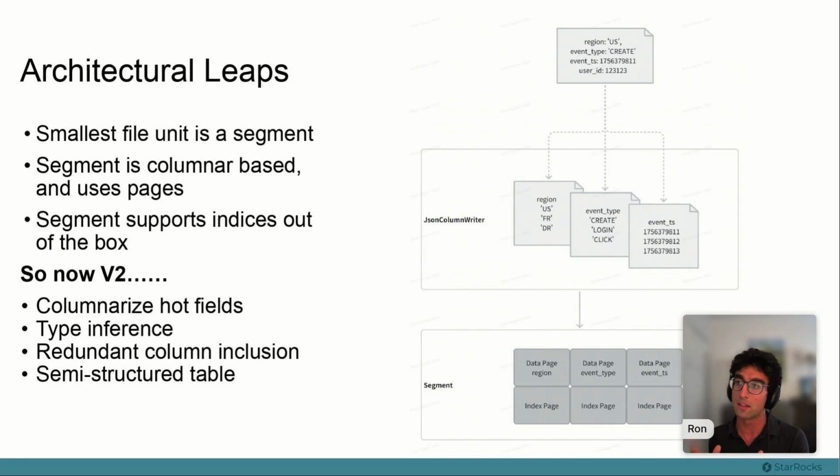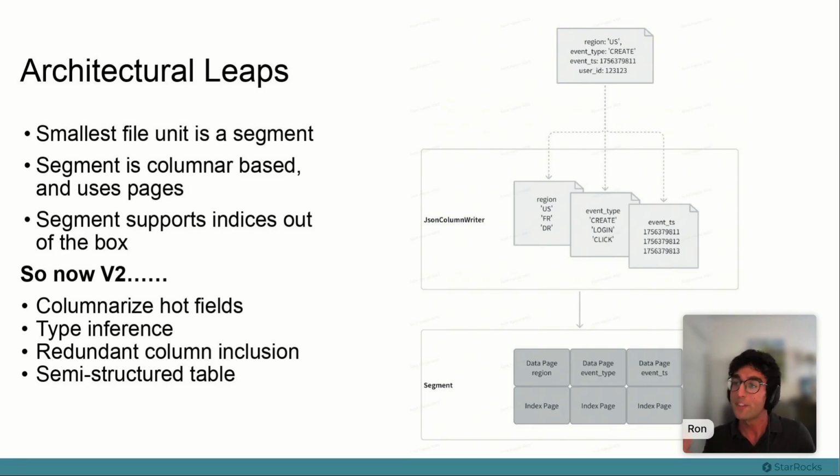The smallest file level that we use in StarRocks is a segment, and this segment itself is columnar-based and uses pages. Each of these pages corresponds to a specific column. And when we have these specific columns corresponding to pages, we're able to leverage indices out of the box, because this is how our data is treated for non-JSON use cases. So what do we actually get once we leverage the smallest file unit being a segment?